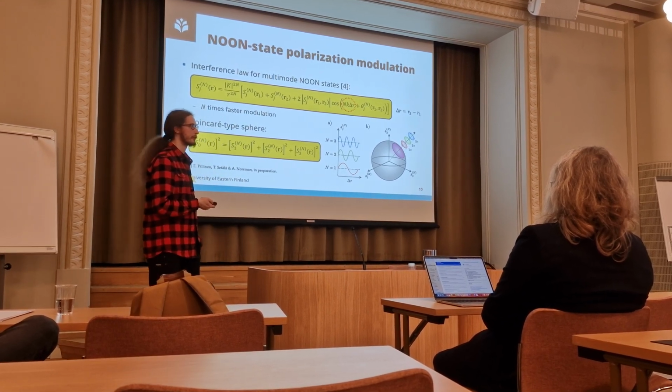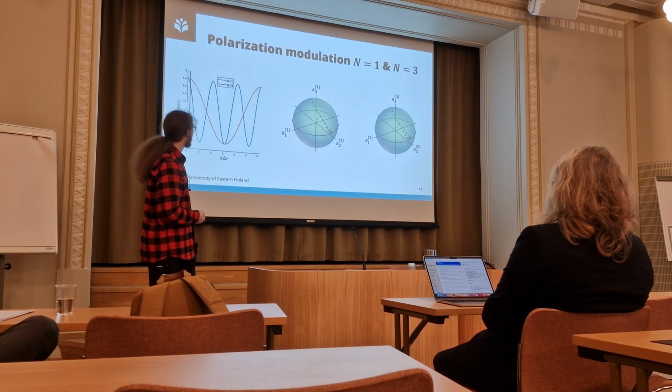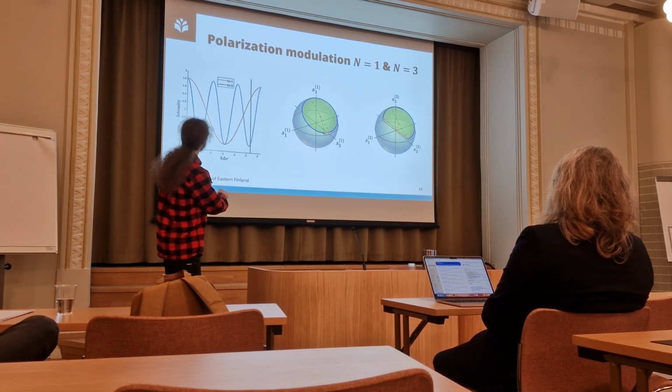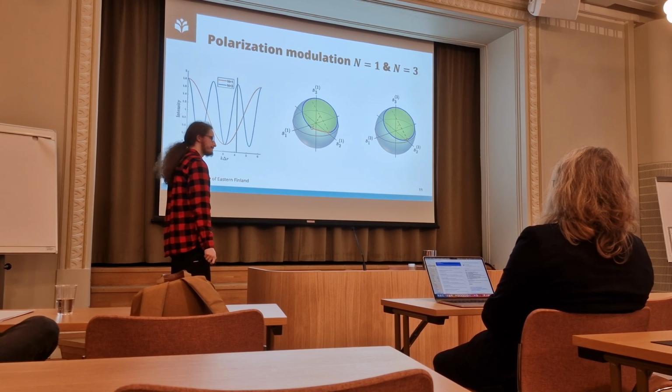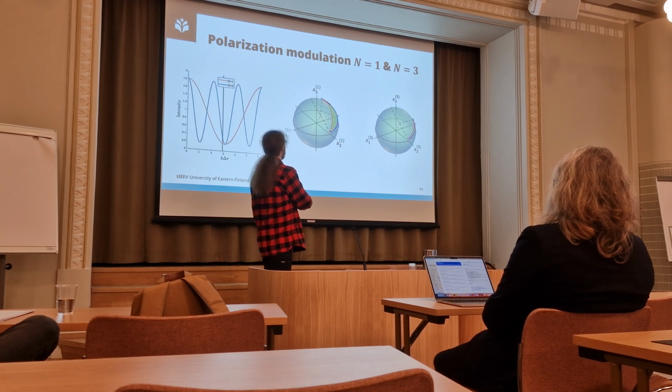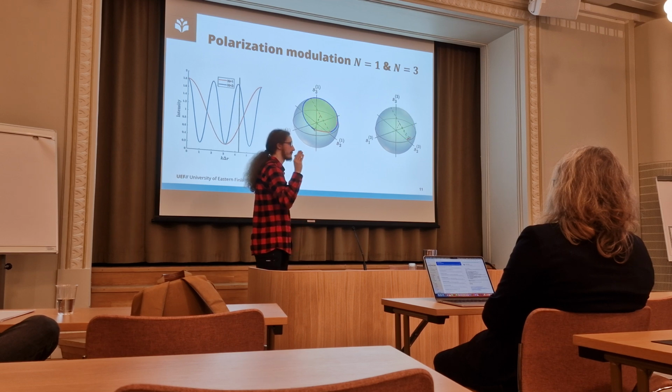And similarly, there is a circular path on the Pancharatnam-Berry type sphere as it was in the first order case. And I have created this nice animation between the N1 and N3 cases. Here there is a circular path as the state evolves, as the polarization state evolves across the screen.